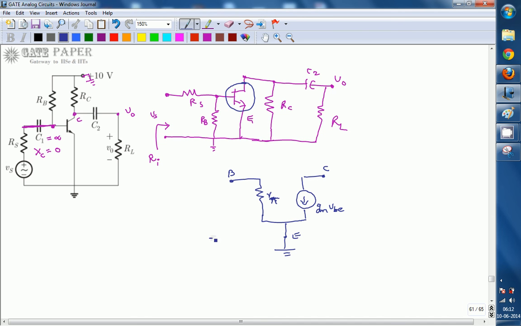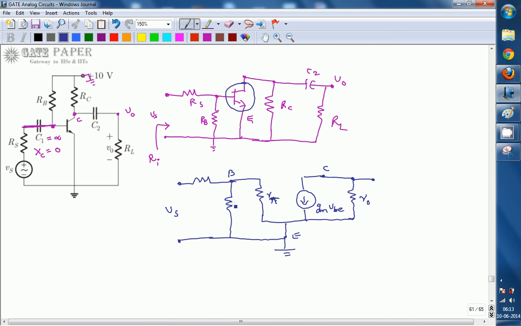Between base and emitter there is a resistance RB, and there is a resistance RS, and this is Vs. Since R0 is also given, you can draw an R0 across the collector, that is the collector can be extended, and you have to insert the R0 value, because the R0 value is specified.